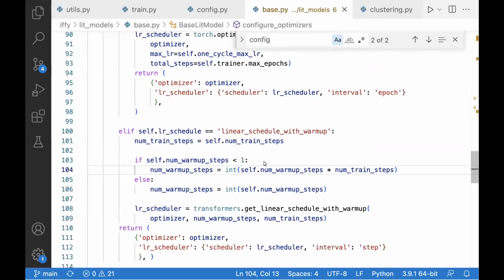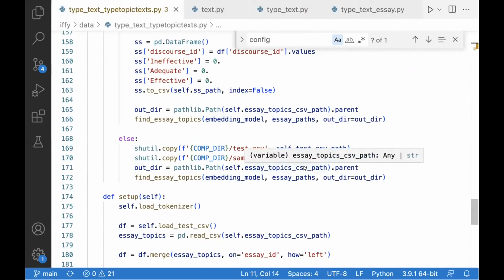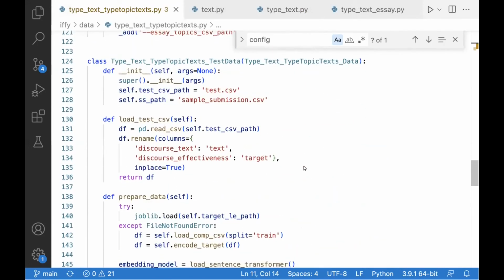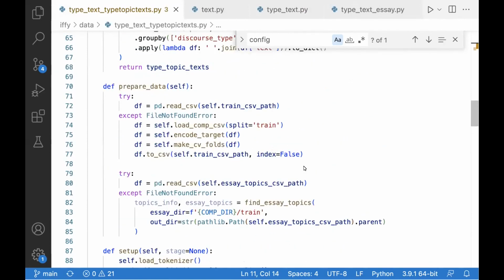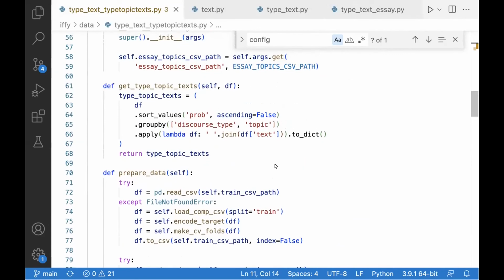But wouldn't that in this case confuse it more? Are you suggesting to provide the same discourse type but add more to the end? Yeah, I don't know.